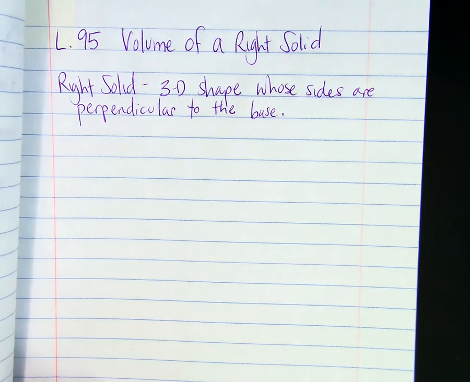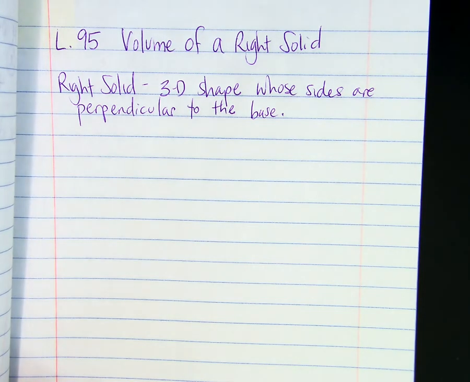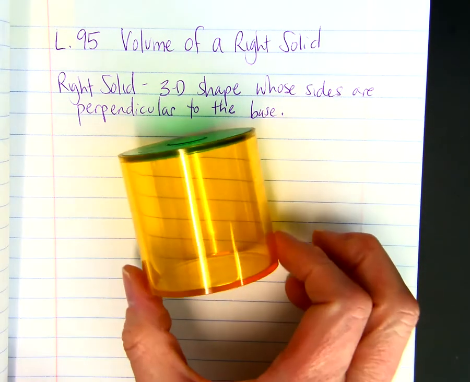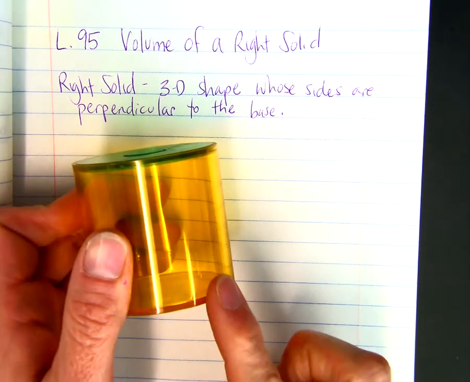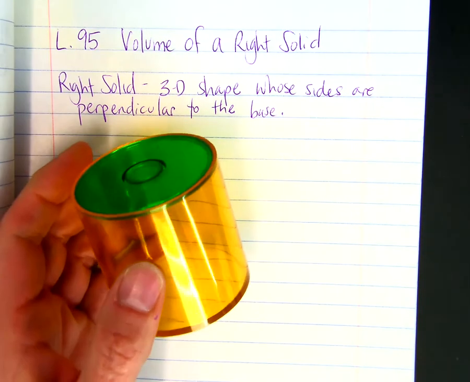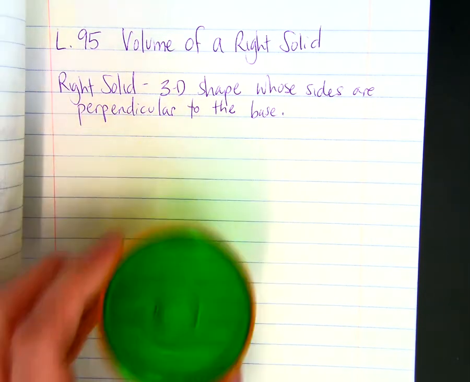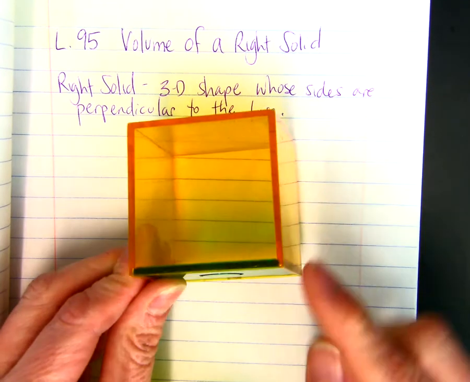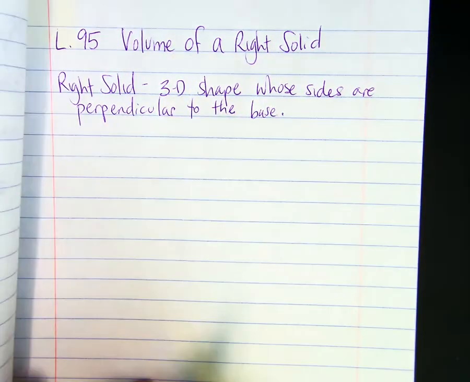If you look at some of these solids, like this cylinder, the side is perpendicular to the base. It would make a 90-degree angle inside there. This one would be considered a right solid, a cube, because its side is perpendicular to the base.